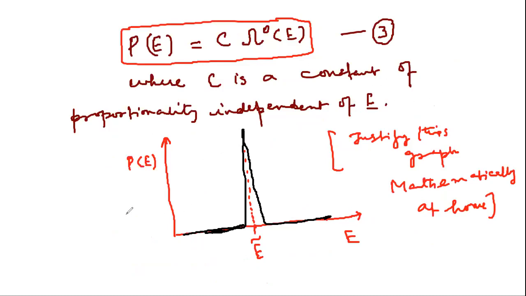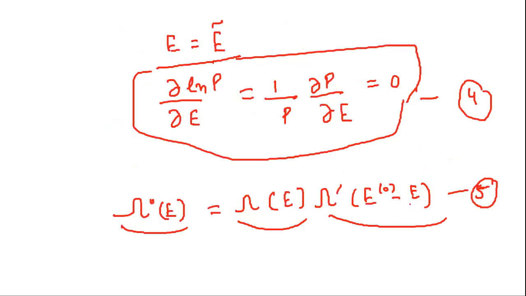Then we said this probability function has a maximum, which I gave you as an assignment to check mathematically, at an energy E curly. To find that maximum, we take its logarithm and equate the derivative with respect to energy to 0.